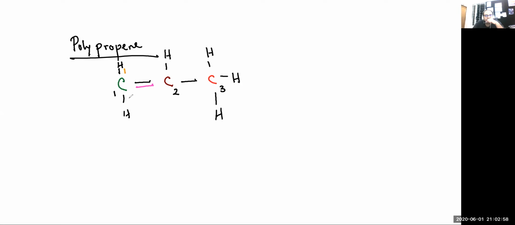This is the first carbon, this is the second carbon, and this is your third carbon. This carbon is bonded to number 1, number 2, number 3. And this carbon is bonded to 1, 2, 3, and 4.